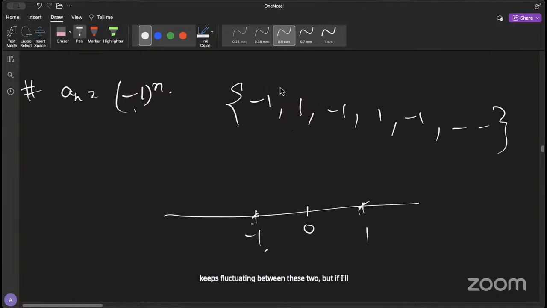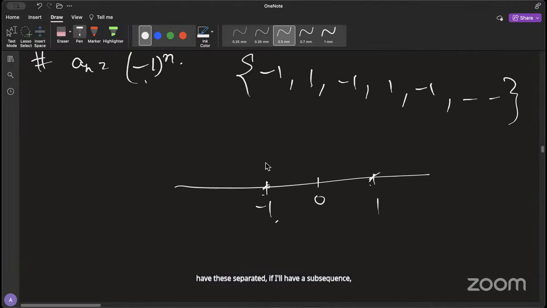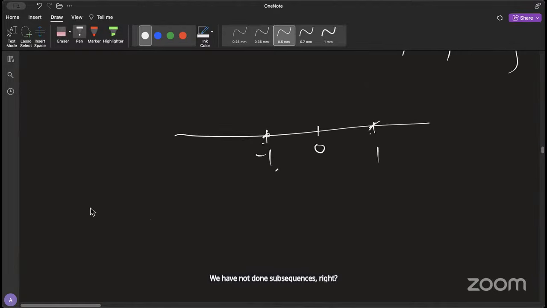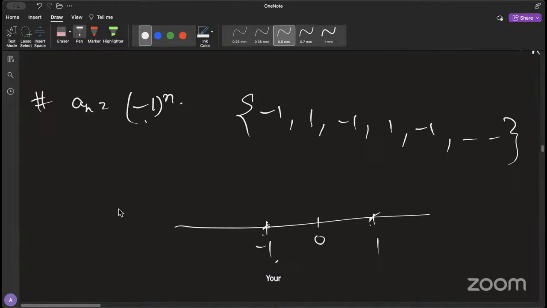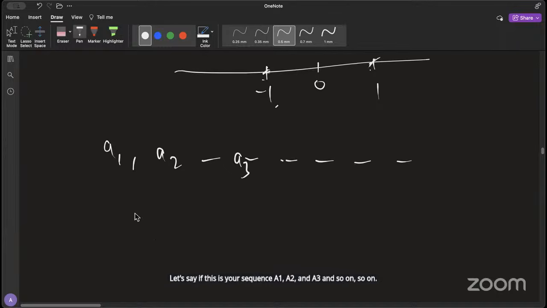But if I have these separated, if I have a subsequence, we have not done subsequences, right? So subsequences are basically, if an is a sequence, let's say this is your sequence a1, a2, a3, and so on, then a subsequence is basically a collection of points.